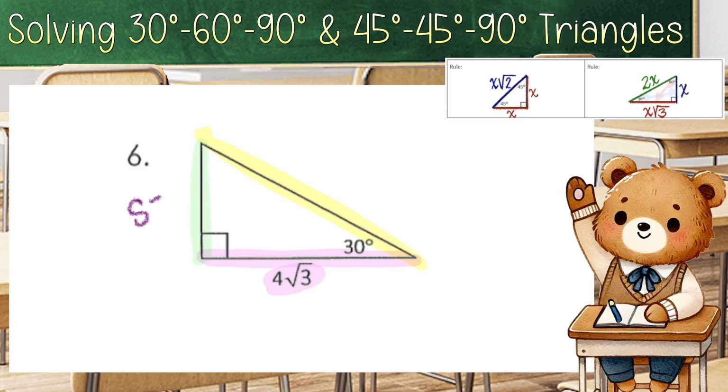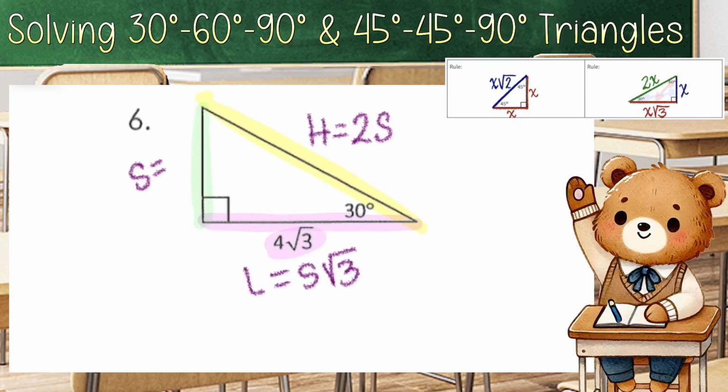S is equal to the short leg, the long leg equals S root 3, and the hypotenuse is equal to 2 times S. So I'm going to figure out what S equals by using the long leg rule.